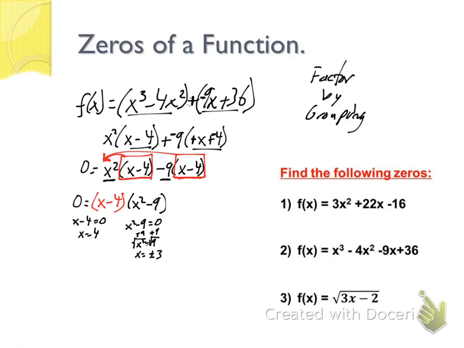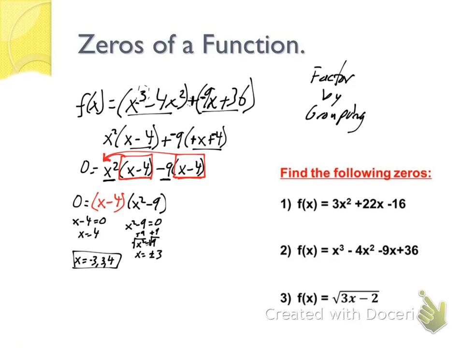Remember plus or minus there, because really there's 3 answers to this. x is equal to a negative 3, a positive 3, or 4. There's 3 x-intercepts. There's 3 solutions to this equation. And that's important because the exponent that I originally started with was cubed, x to the third, which tells me there's going to be 3 solutions.